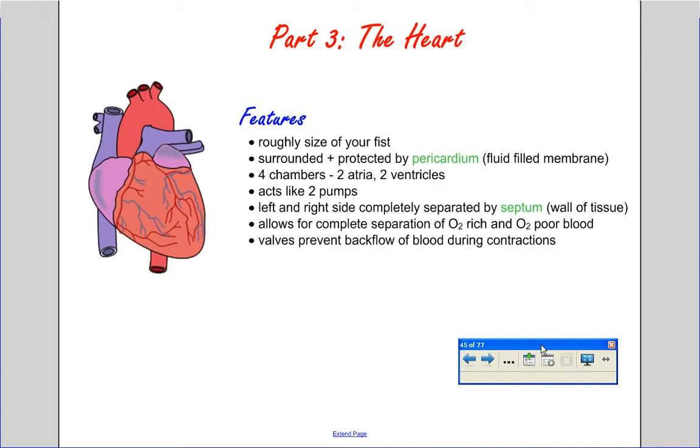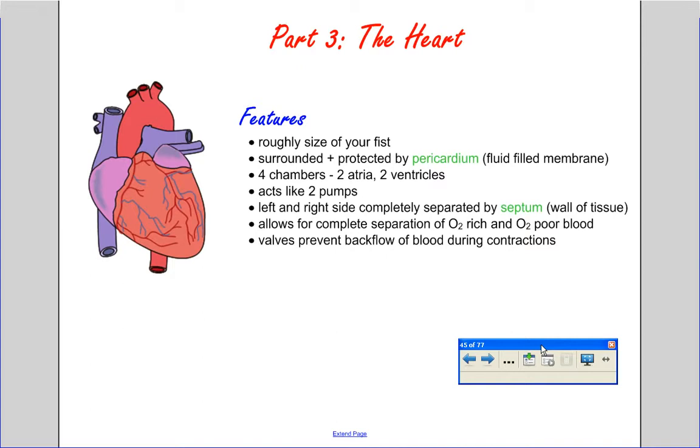We have a four-chambered heart, like we learned when we talked about the different classes of vertebrates. We have 2 atria and 2 ventricles in our heart, and our heart acts like 2 pumps. The left and the right side are completely separated by a wall of tissue called a septum, and that allows us to separate the oxygen-rich or oxygenated blood from the oxygen-poor or deoxygenated blood.